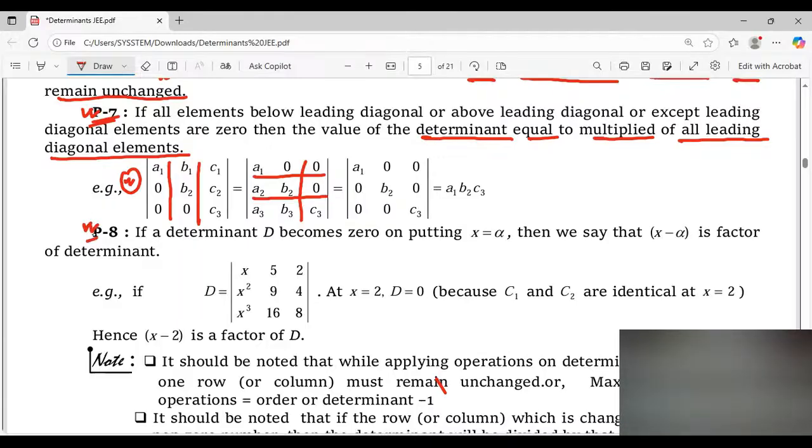Let's see property 8. If a determinant D becomes 0 on putting x equal to a, then we say that x minus a is a factor of the determinant. So let's see the determinant x 5 2, x2 9 4, x3 9 8.